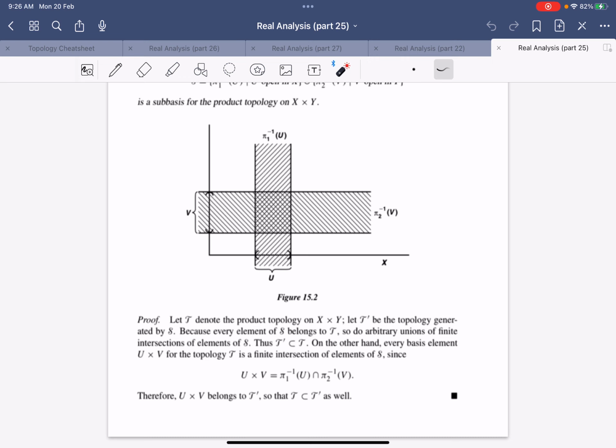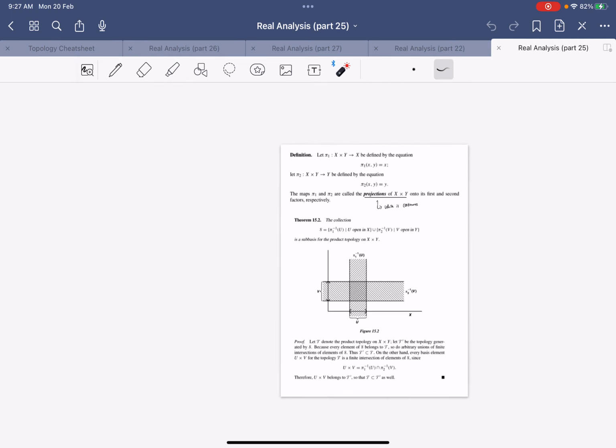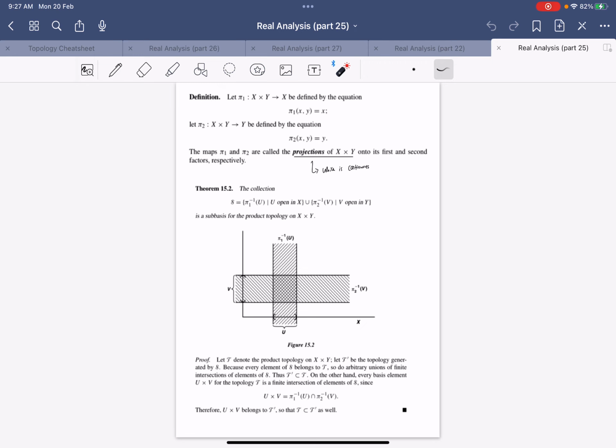And since U cross V equals the pre-images intersecting each other, therefore U cross V belongs to the topology T prime. And so the topology T must be a subset of T prime. And we are done.